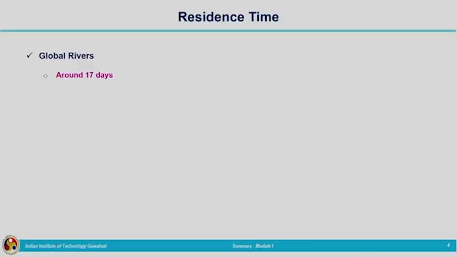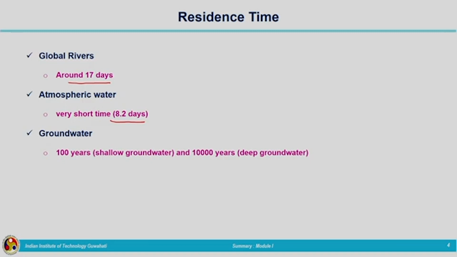In the case of global rivers, it was found to be 17 days, and in the case of atmospheric water, it was a very short time, around 8.2 days only. And in the case of groundwater, it is a long period, 100 years to 10,000 years. That depends on the type of the groundwater, shallow groundwater, deep groundwater.